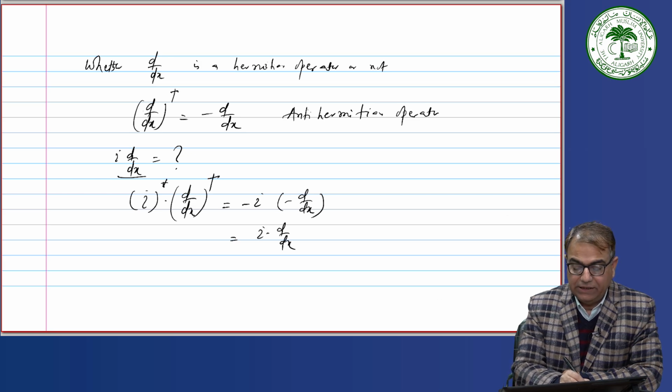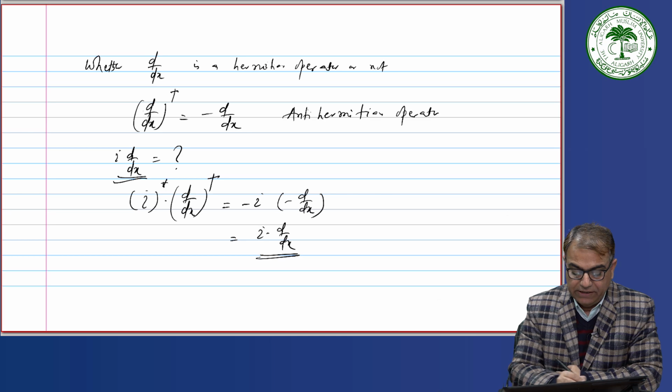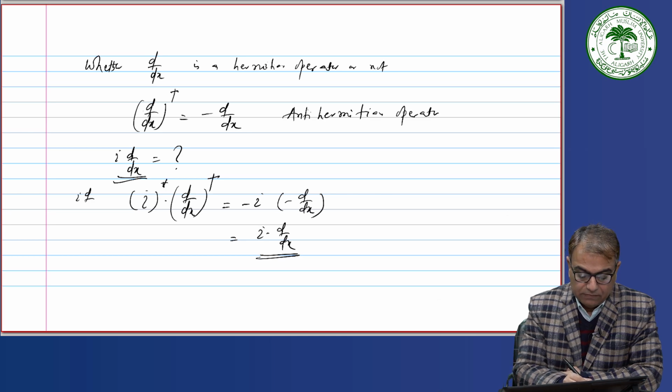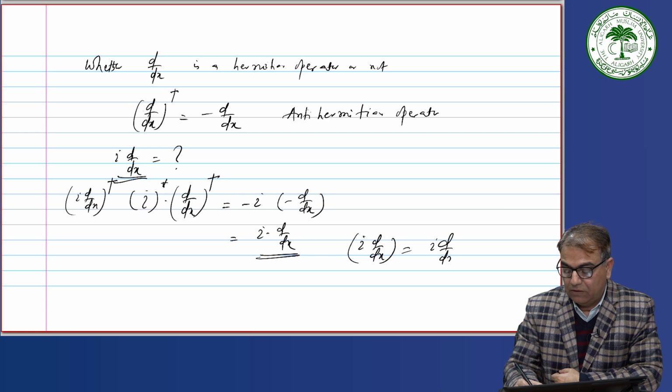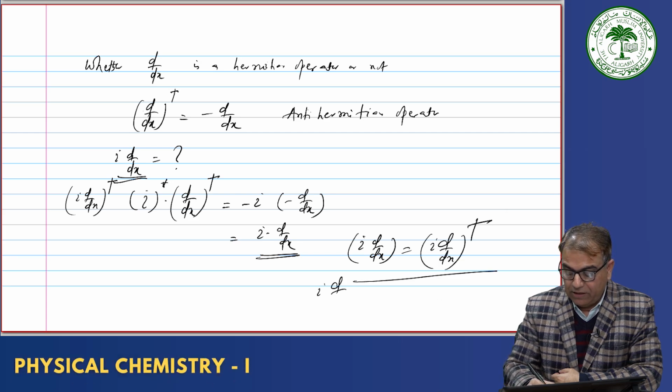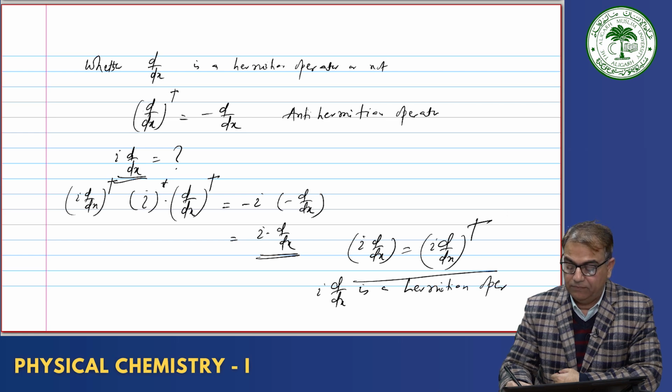So you see i d/dx and the dagger of i d/dx are the same. So we say i d/dx is equal to the dagger of i d/dx, and therefore i d/dx is a Hermitian operator.